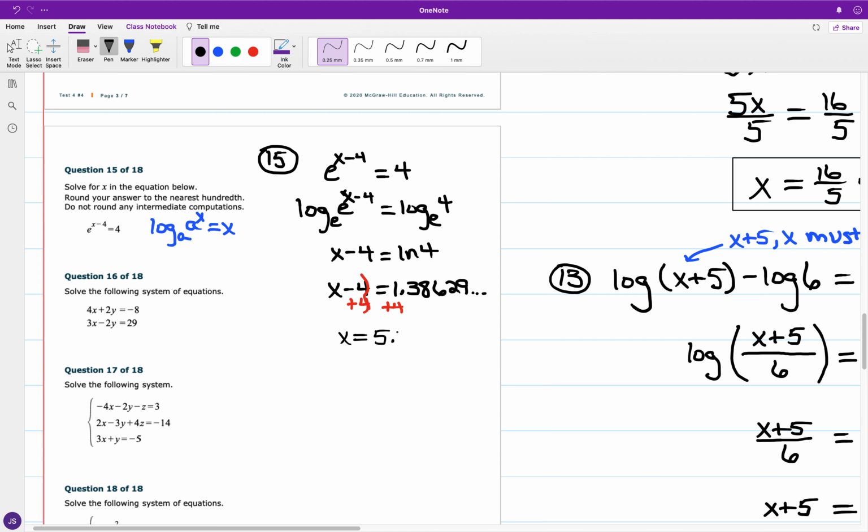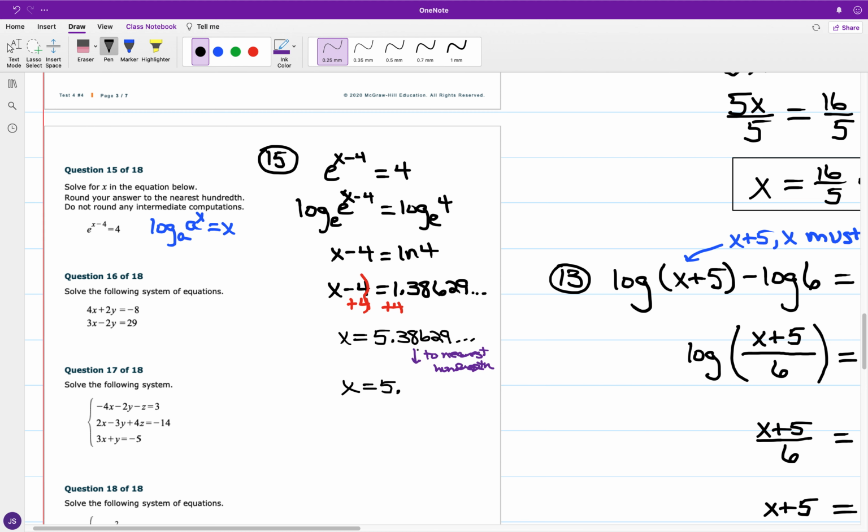So you have x equal to 5.38629. Again, to the nearest hundredth, and we're going to have for x itself: 5 point, and then we have 8 in the hundredths place and the 6 alongside it, with 6 being 5 or greater.